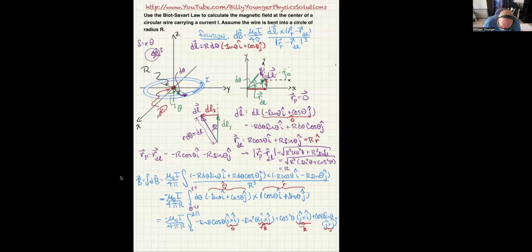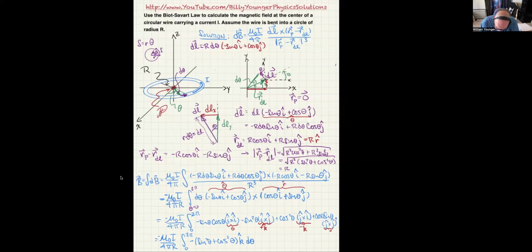So now I can go ahead and write equals negative mu 0 I over 4 times pi times r times the integral from 0 to 2 pi of, now we're going to have negative sine squared theta plus cosine squared theta times k hat times d theta.